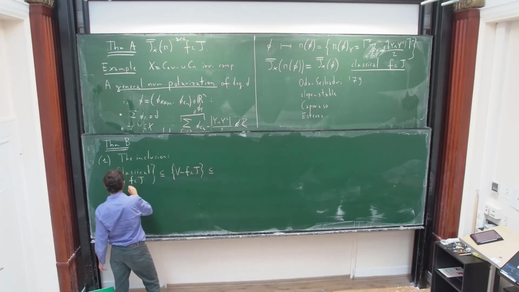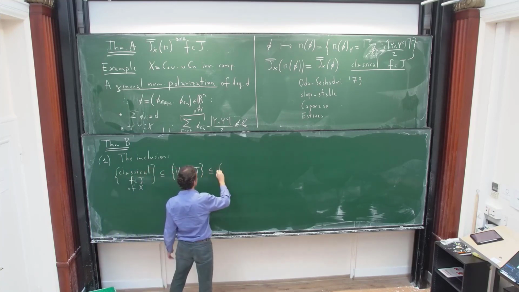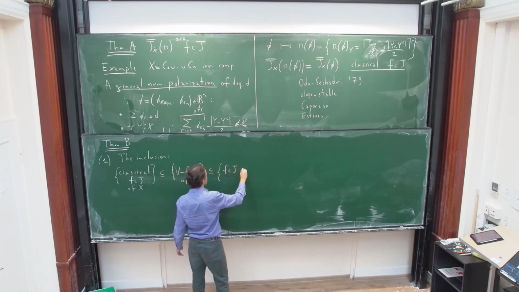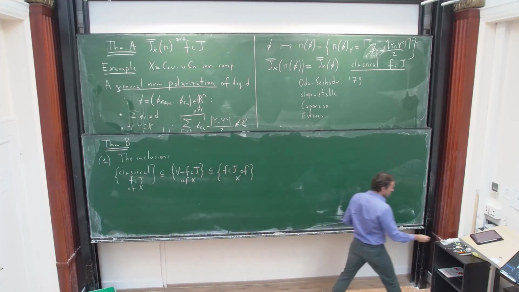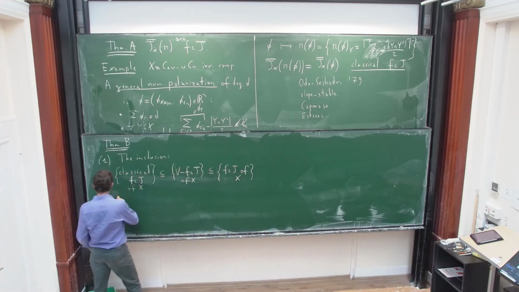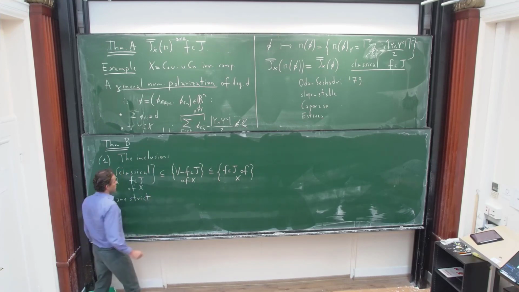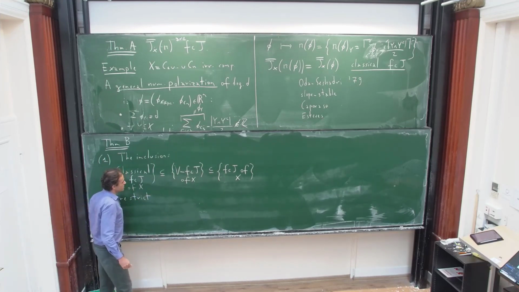So I'm fixing the curve, and then there is the class of all fine compactified Jacobians of X. And I'm saying that these inclusions are strict. In general, for an arbitrary X, one can find X for which this inclusion is strict.